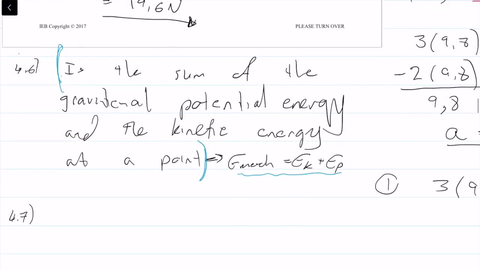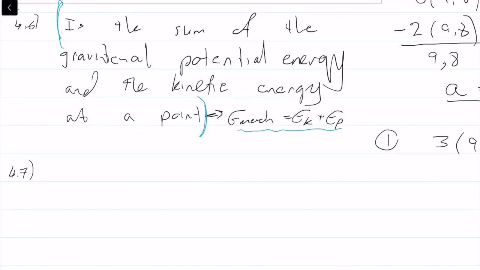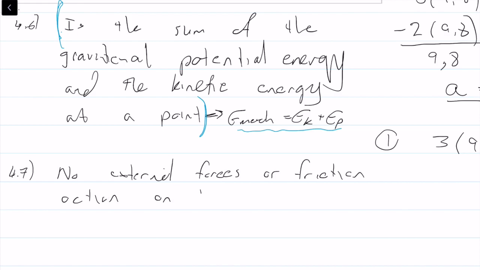So we can say the reason why we can use the conservation of mechanical energy is because there are no external forces or friction acting on block B once block A hits the ground.